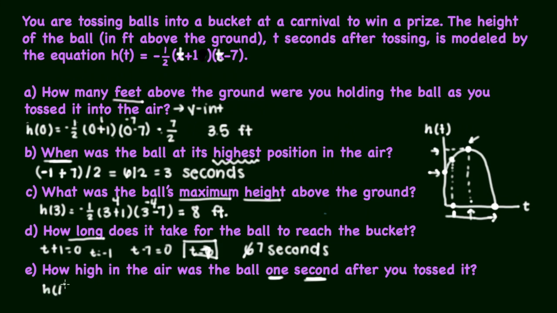That's h of 1 is equal to negative 1/2 times (1 plus 1) times (1 minus 7). This equals 1 plus 1 is 2, and 1 minus 7 is negative 6. 2 times negative 6 is negative 12. And negative 12 times negative 1/2 is 6. So the ball was 6 feet in the air 1 second after you tossed it.